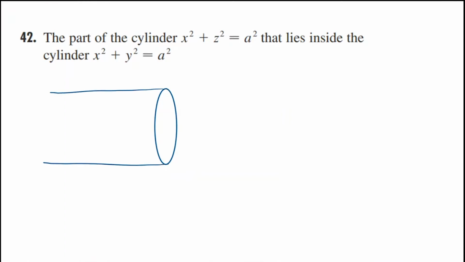Something like this. Okay, and that has to be inside our cylinder that is vertical. So imagine there is an axis like this, this y-axis, and the x-axis is sticking here. Okay, let's see how artistic I am, huh?